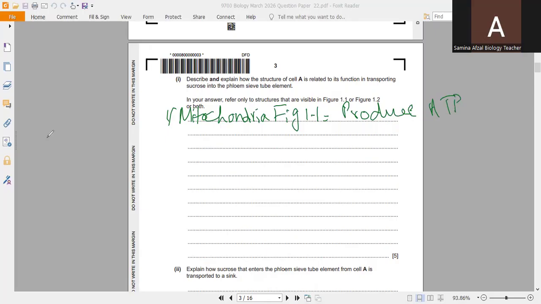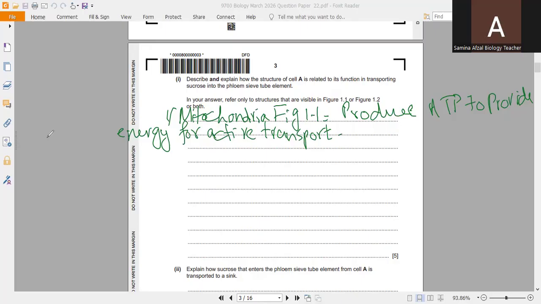Produce ATP to provide energy. Uses ATP to actively pump hydrogen ions out of the cell, and you can see the proton pumps in Figure 1.2, and co-transporter proteins are also present in 1.2.